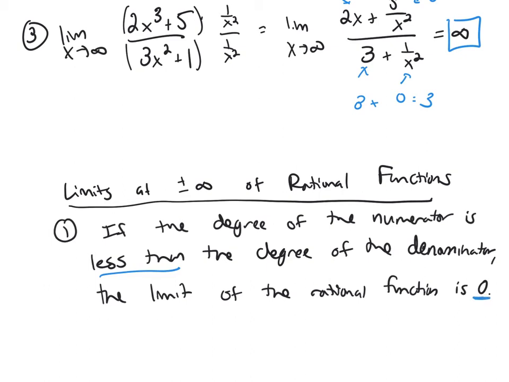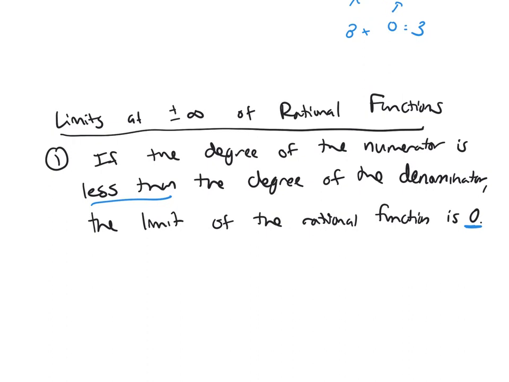So if the degree of the numerator is less than the degree of the denominator, the limit would be 0.